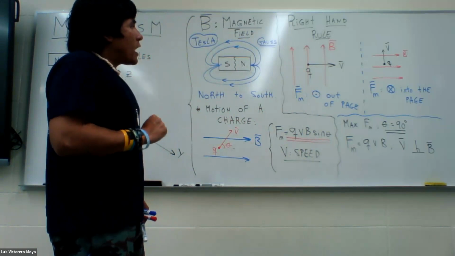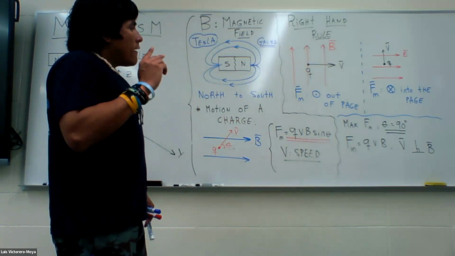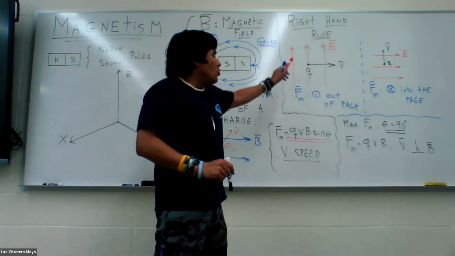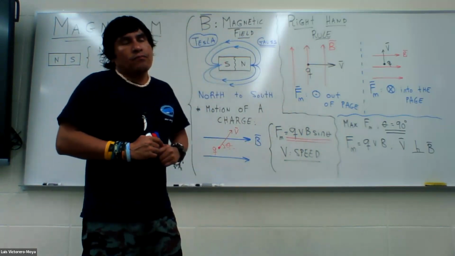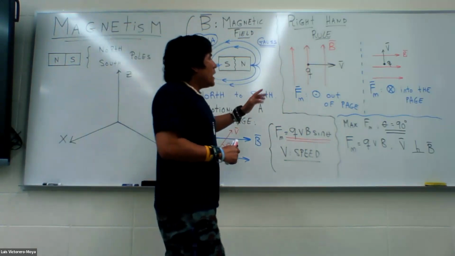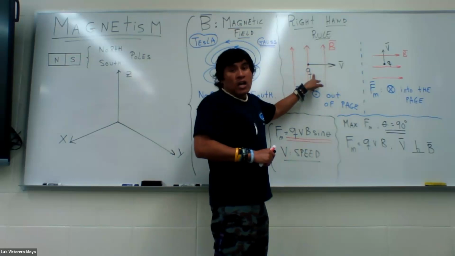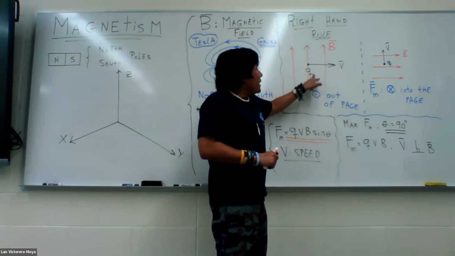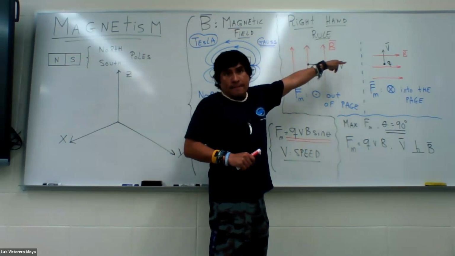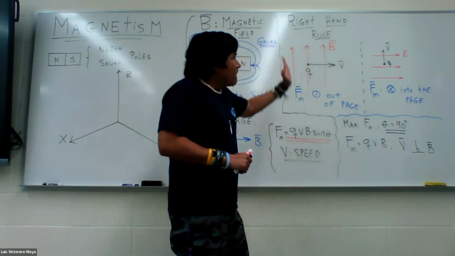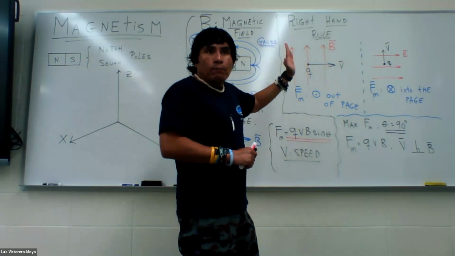The first right-hand rule is the way we're going to find the direction of the magnetic force due to a moving charge. So let's suppose you have a positive charge moving to the east from left to right, and you have a magnetic field going up.